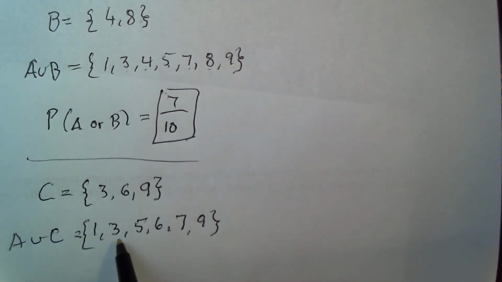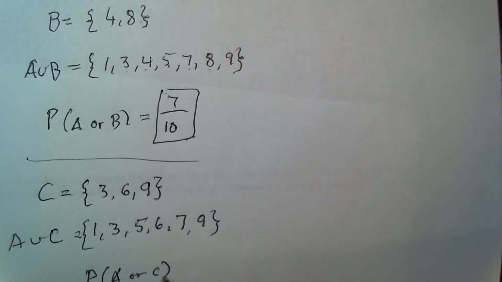So that set has 6 elements. So the probability of A or C would be equal to 6 divided by 10, or that, of course, is equal to 3 divided by 5.